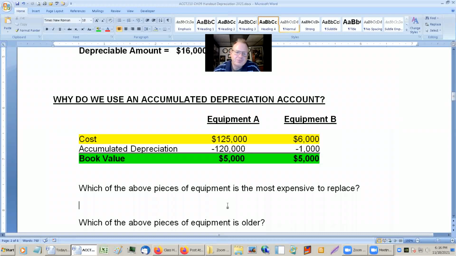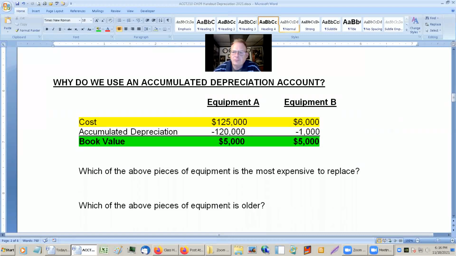If you had to replace equipment A or equipment B, which would you be the least happy to have to replace? A. Oh no, B. No, you got it right the first time. A. Yeah, it's more expensive, $125,000.